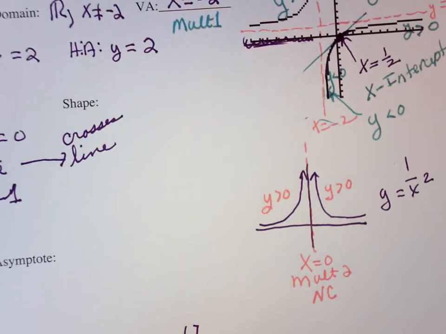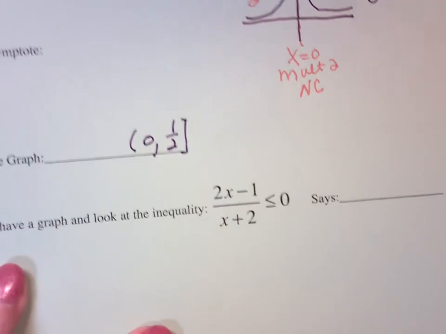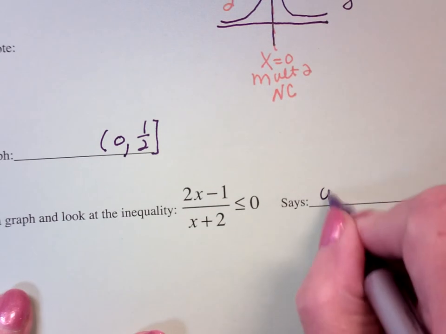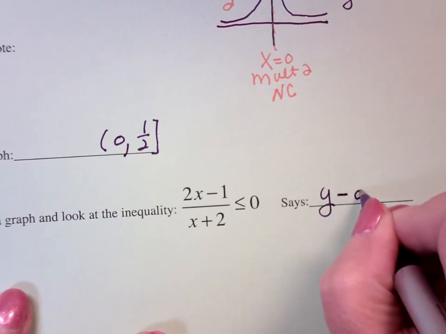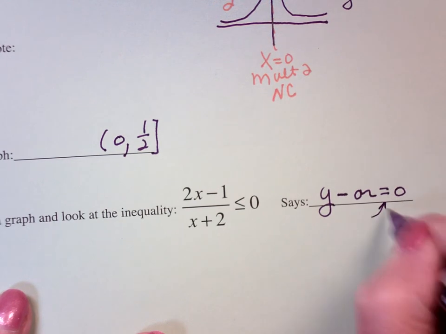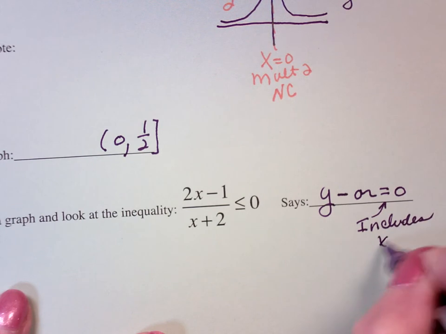So how might this operate if I didn't have a graph? Well, same way it does operate. First thing, it says I want y negative or equal to 0. This means it includes the x-intercepts.